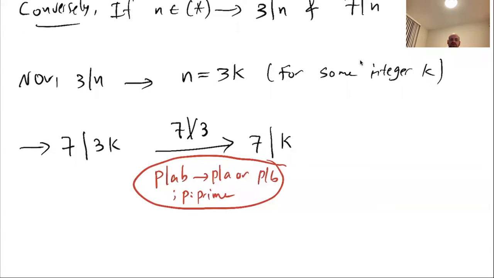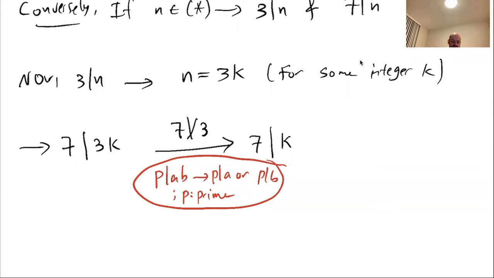Therefore 7 must divide k. If p divides ab and p does not divide a, then we must have p divides b. So in this case, 7 divides 3k and 7 does not divide 3.